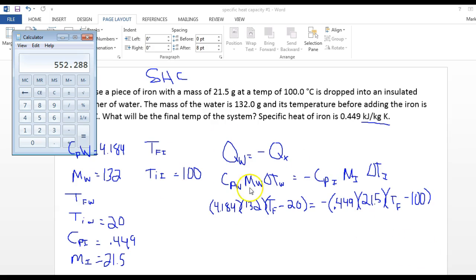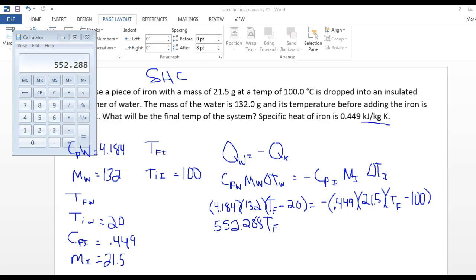And then we're going to want to multiply that through using the distributive property. So it's going to be 552.288 times the final temperature, T of F. And then we're going to multiply that by negative 20.